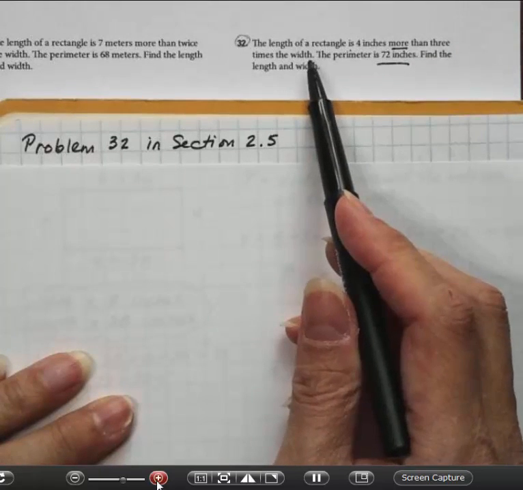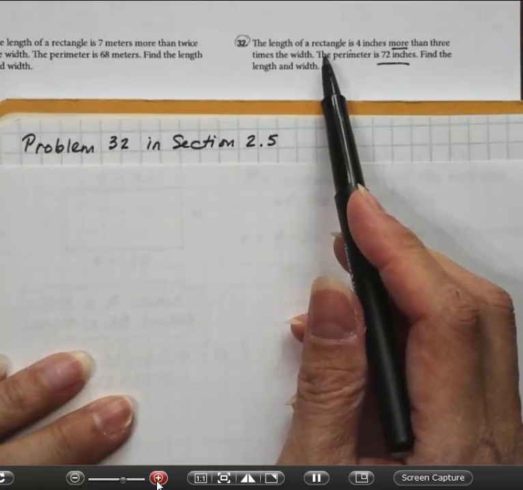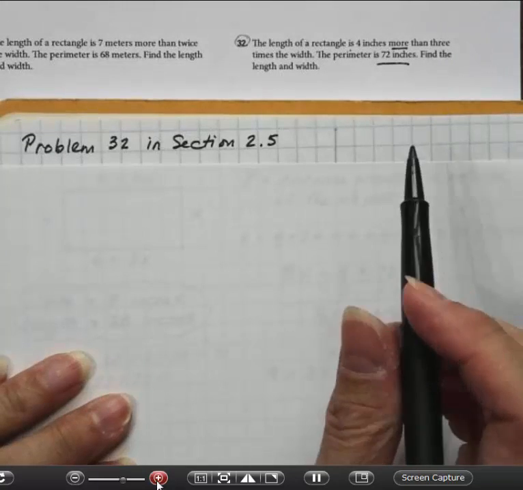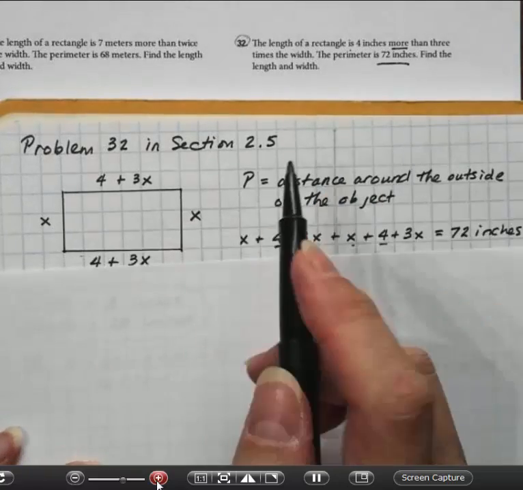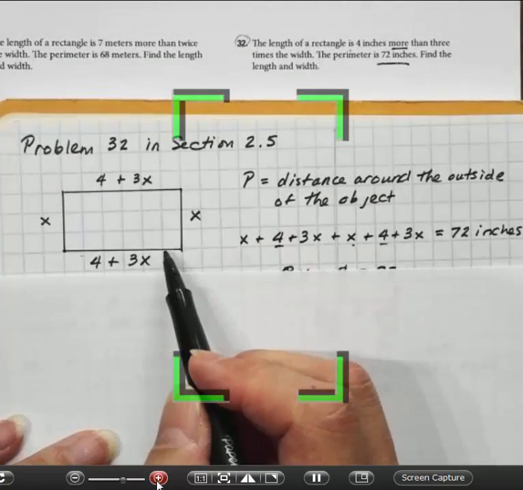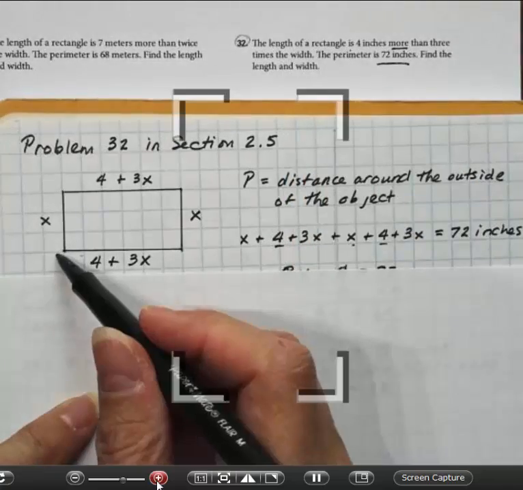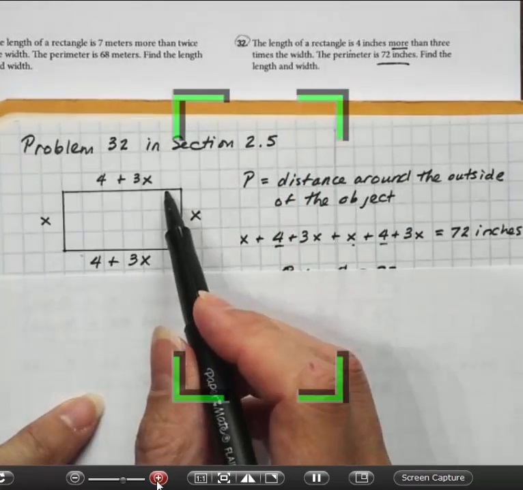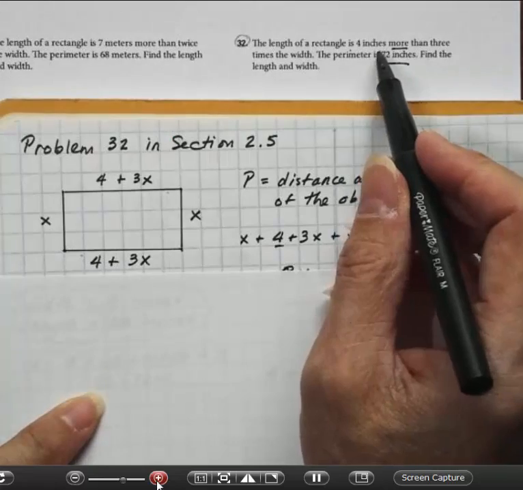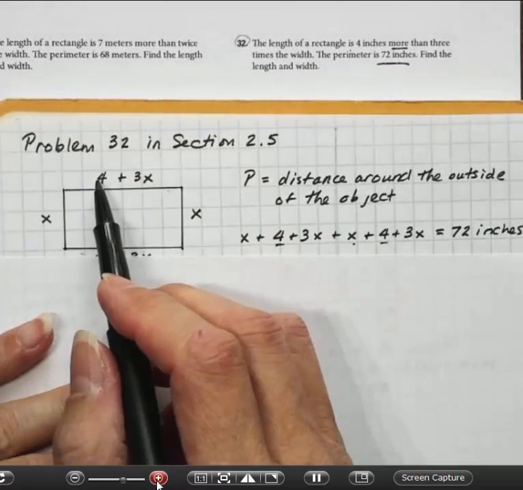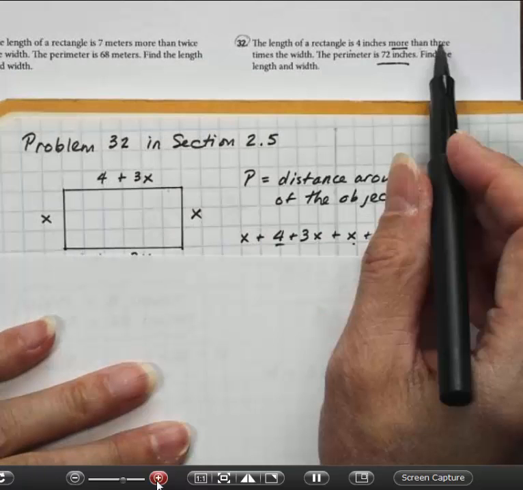So when we're talking about a geometry problem and a rectangle, my first step is to draw a rectangle. So that's what I did over here. The length is your longer side, and it's 4 inches more, so I knew I needed to add 4 plus 3 times the width.